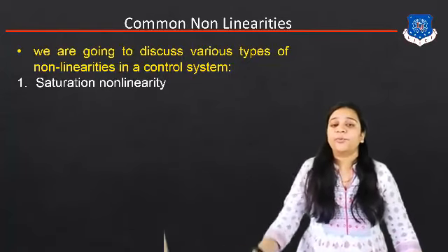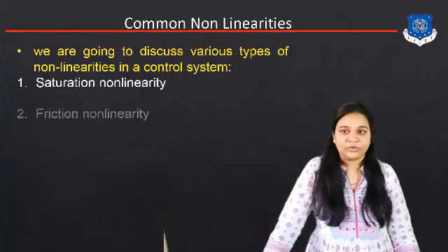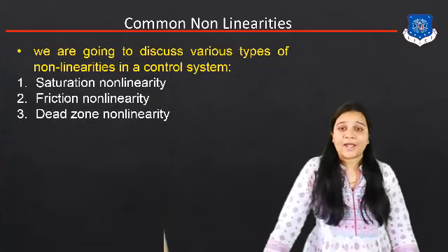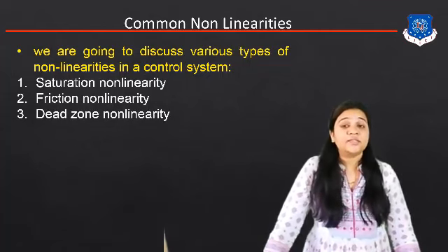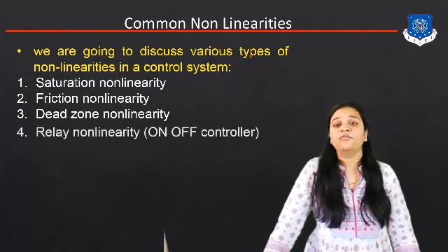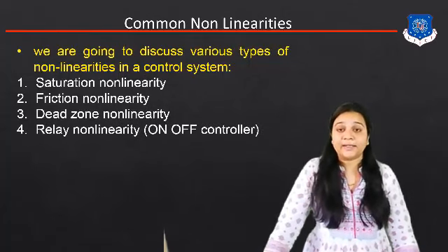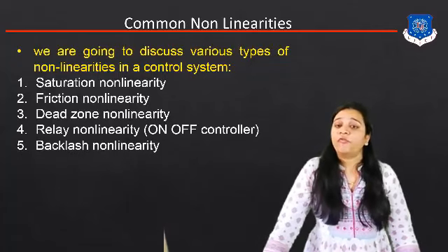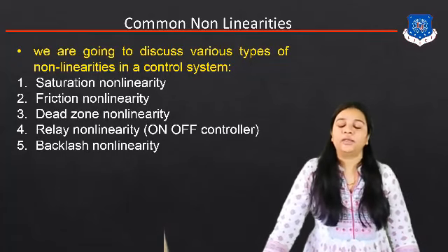That type of non-linearity is known as saturation. Then the friction non-linearity. The third one is the dead zone non-linearity, which we discuss in the describing function graph. The fourth one is the relay non-linearity, mostly used for the on-off controller. And the fifth one is the backlash non-linearity.